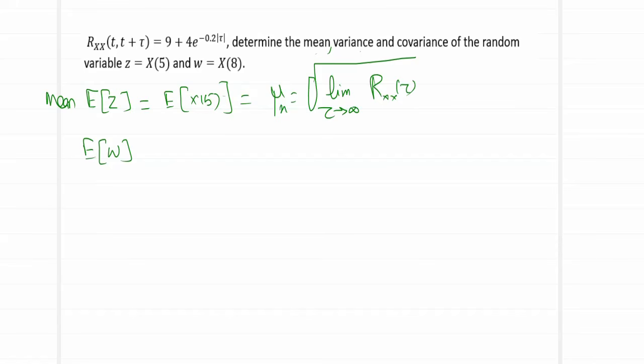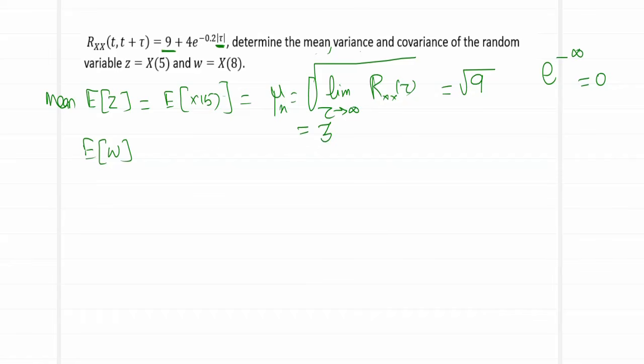So I will have to apply limit tau tending to infinity over here. Where do you have your tau? We have tau over there in e to the power of minus. What will be e power minus infinity? E power minus infinity will move towards 0. So this quantity will now become 0, e power 0, 4 into 0 will make it 0. So you will be having this 9 alone left out in your quantity. So you will be having square root of 9. So what will be the mean of the random variable Z? It is equal to 3.